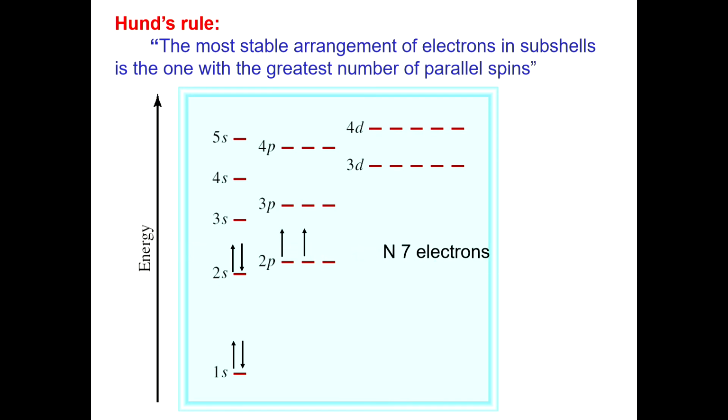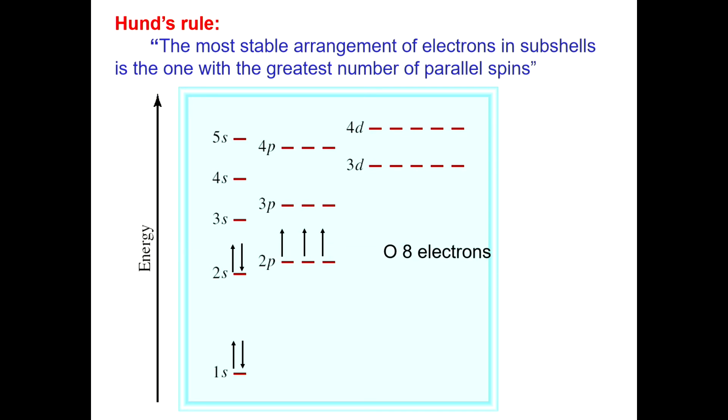And the nitrogen. So the seventh electron, where? Should it stay together with them or separate? Separate. Yes, separate. Now what is the total number of spins? 1.5. Yes, 1.5.